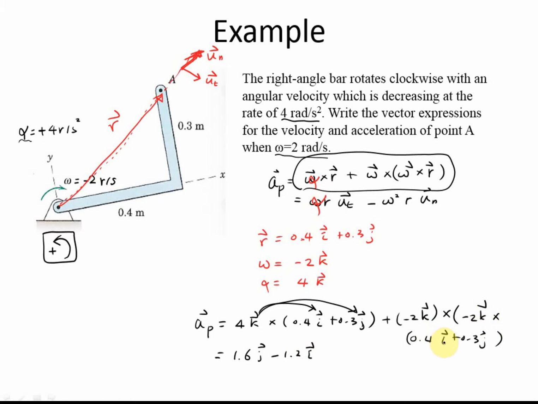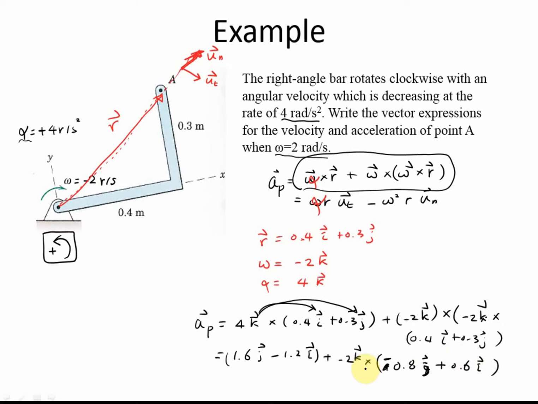Let's do this one first. k cross j is negative i, but we have a negative one here, so that is positive 0.8 i. And k cross i is j, so this one should be negative j, and this is positive 0.6 i.